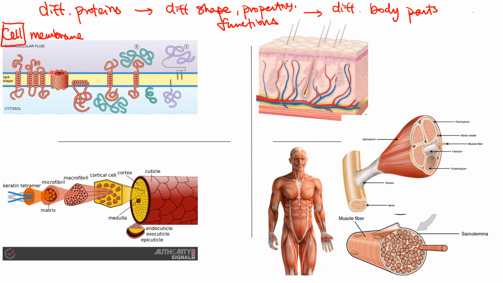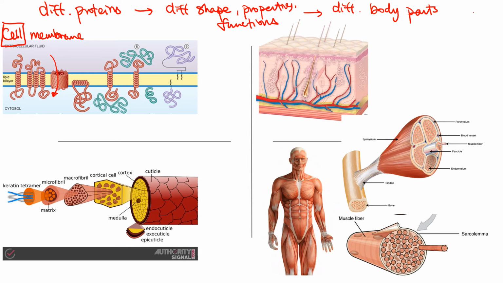So say for example, this pore-like protein is trying to allow cell to absorb something, right? So that the substance can pass through. So you see, the shape of the protein is so important for its function. It has to look like that with a pore inside so that things can go in. Another example is this one.